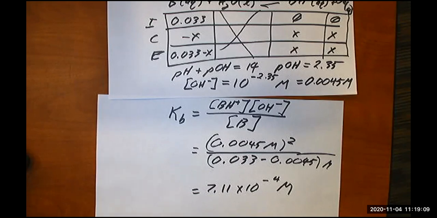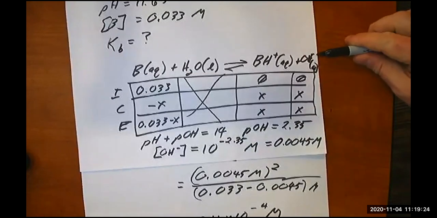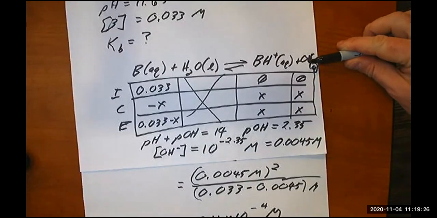So there are some skills that need to be tools in your toolbox that you just know how to apply and when to apply. You need to be able to write down your standard base reaction without even really pausing to think about it. Same thing for a standard acid reaction if you have acid going on.